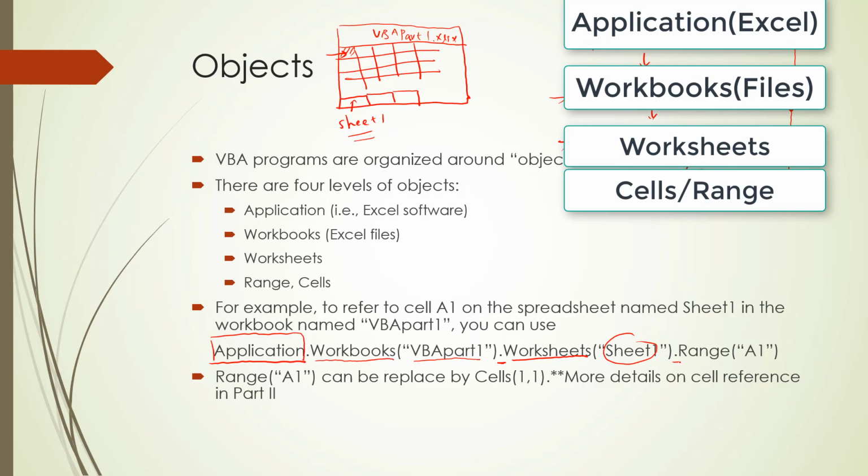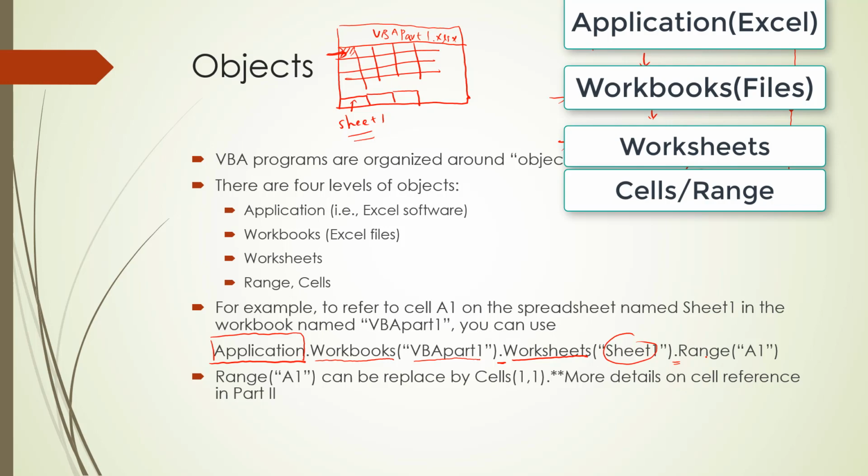And then we can connect to the next level, which is the specific cell or cells. In this case, we want the very first cell in Sheet 1. So here we're going to use the keyword which is called range. Range can be used to refer to one cell, a single cell, or multiple cells. So later I'll talk about how to use range to refer to a block of cells.